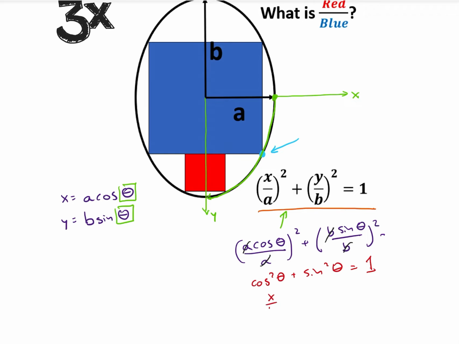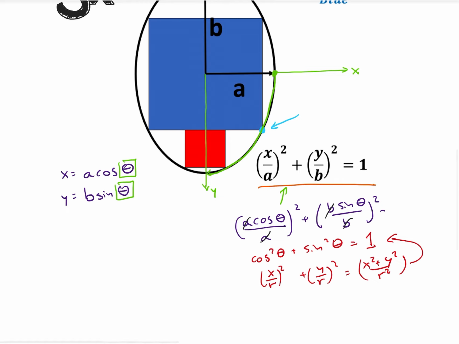This is x over r squared plus y over r squared, which is x squared plus y squared over r squared, and x squared plus y squared in a triangle is r squared, which is why that's equal to 1. So I've just shown this is a valid substitution to use.